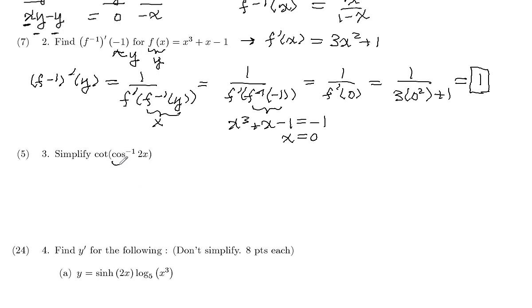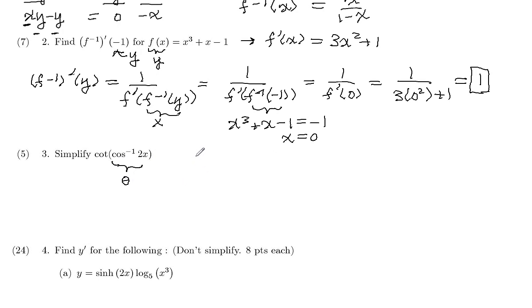So this quantity here, inverse cosine of 2x, that is actually an angle, and let's call that theta, because you're going to take cotangent of it. So cotangent of this angle is what we're looking at.